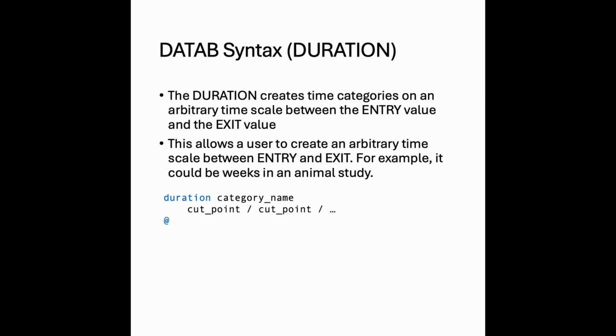The duration command creates time categories on an arbitrary timescale defined by the values used in the entry and exit commands. For example, you might want categories for each week in an animal study, or for each hour in a study lasting a number of days. In our example, it will be 5-year age categories between ages 50 and 80.